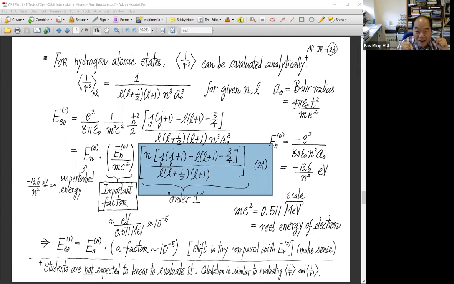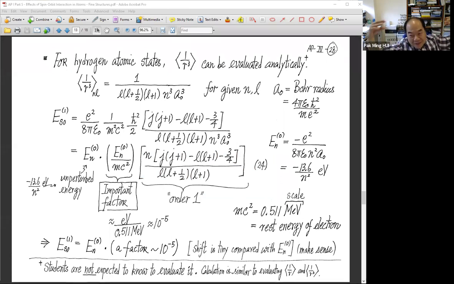Okay, now there's some lucky thing that happens. If we include the Darwin term into consideration and include that result, at the end, everything goes into equation 27. Okay, so that is the long version of the story.